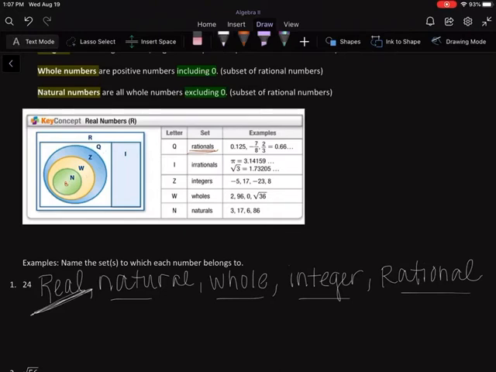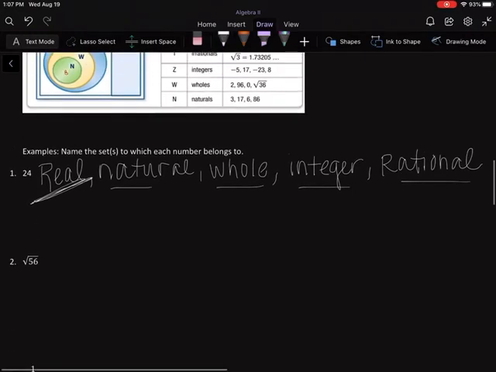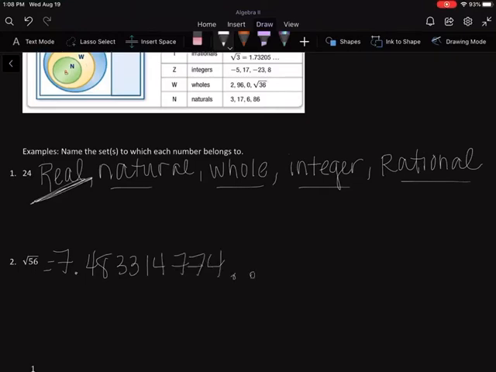Okay? Next one. Square root of 56. If I put that in my calculator, which I don't have out, it's going to be 7 something, something, something. Let's see here. Okay, so that equals 7.4483147740, dot, dot, dot.